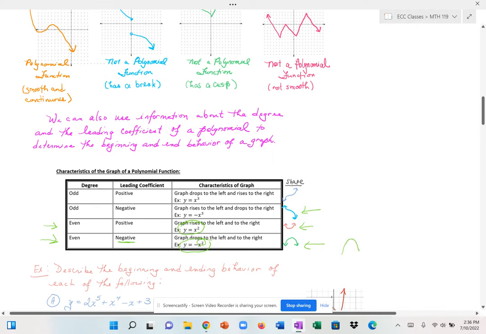So this would also be something with an even degree and a negative leading coefficient. It drops left and drops right, but in between it has these other peaks and valleys, which we're calling our maximum and minimum points.